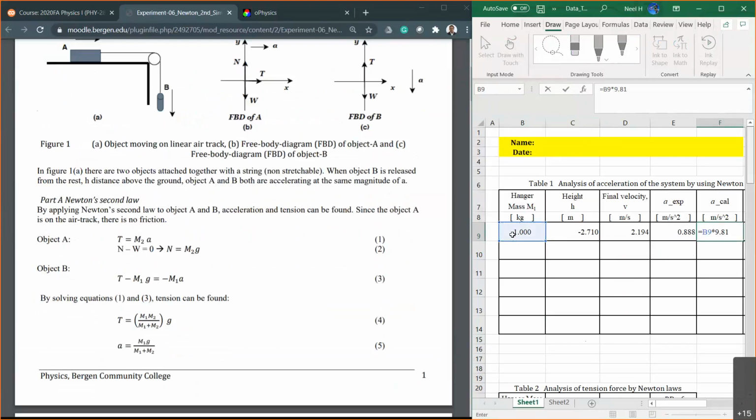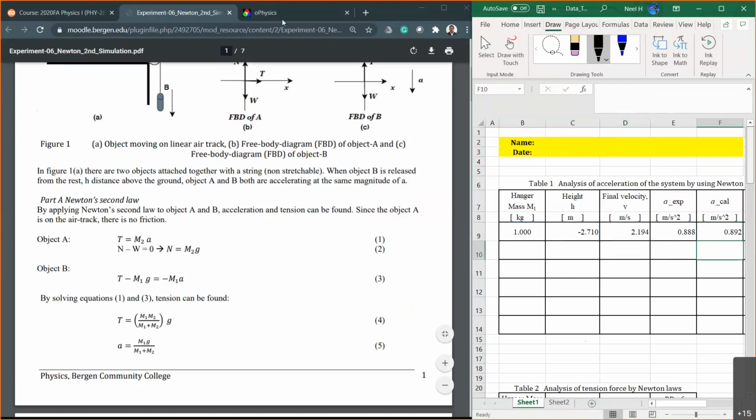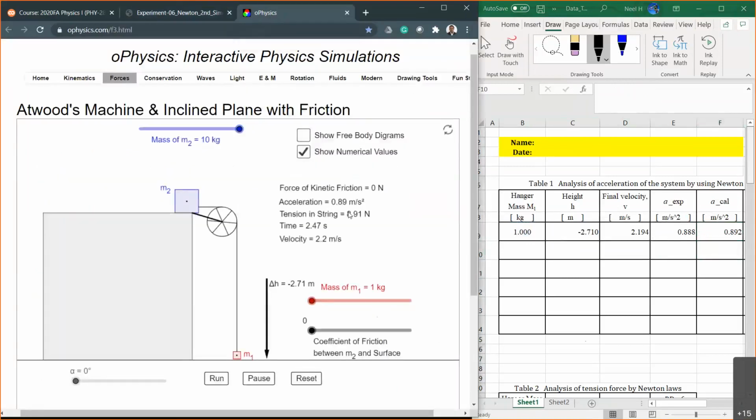The sign is automatically built into the free body diagram. Okay, divide by parentheses M1 plus M2, which is 10 kilograms. So I'm getting 0.892 and the acceleration given by the system is about 0.89 or 0.888. So it's extremely close. That must be the case. Otherwise, apart from rounding errors, we should get exactly the same answer. Question.